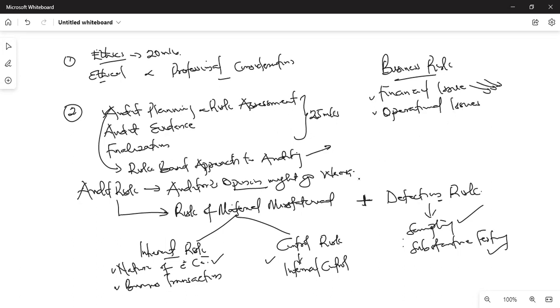You see that operationally, people are leaving the company, machine breakdown, and all those things. And we also talked about reputational issues, i.e., where the company is not compliant, it can cause their image to come down. All right, so this is basically what we talked about.